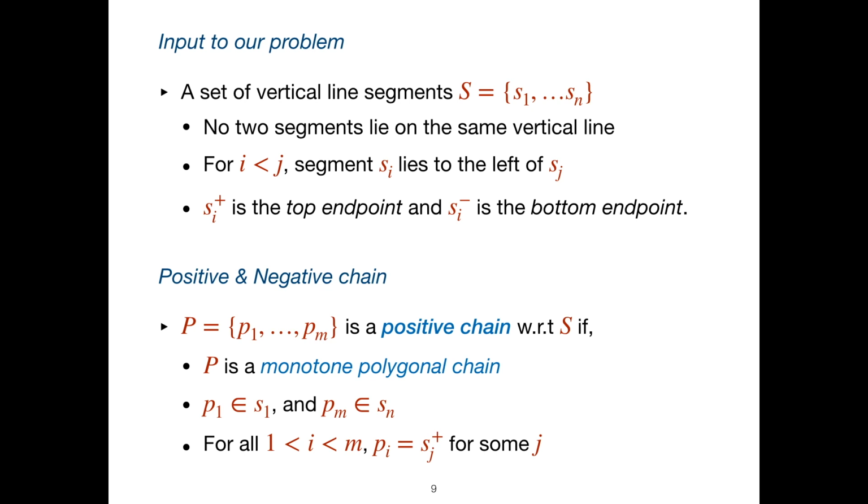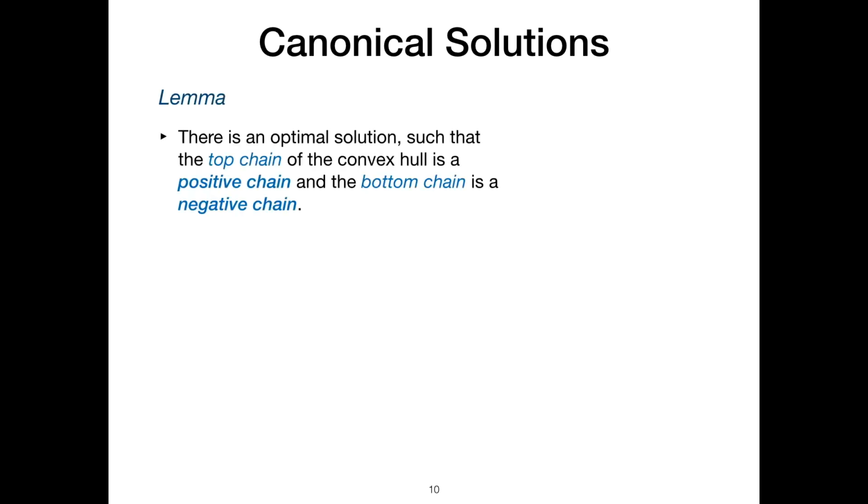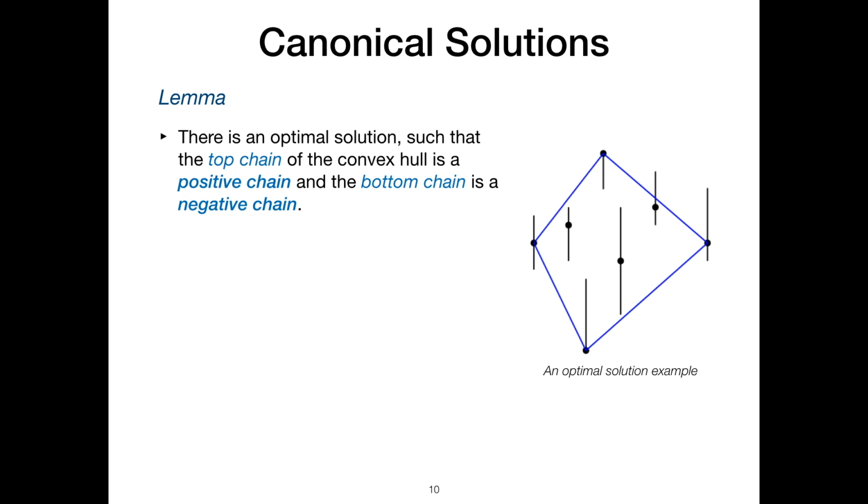The negative chain is defined similarly, but it requires that points other than P1 and Pm are the bottom endpoint of some segment. To design a polynomial time algorithm, we want to reduce the number of choices on each segment. In fact, we can argue that there is an optimal solution such that the top chain of the convex hull is a positive chain and the bottom chain is a negative chain. Here is an optimal solution example for this set of uncertain segments.